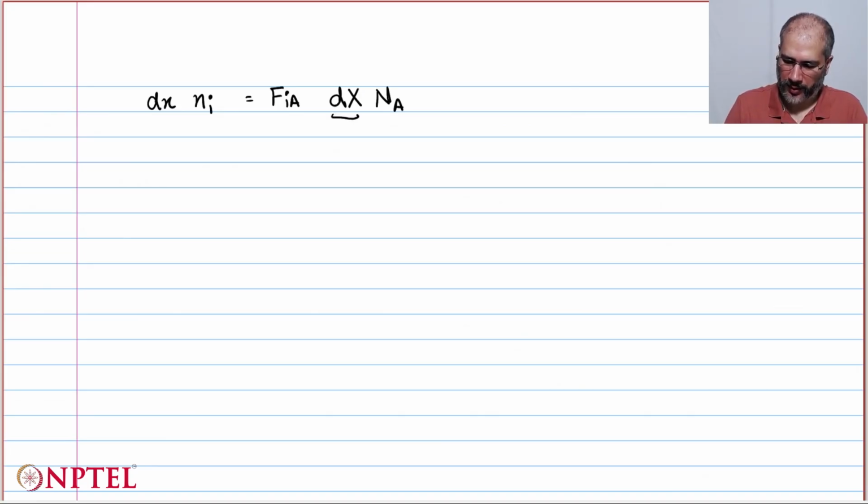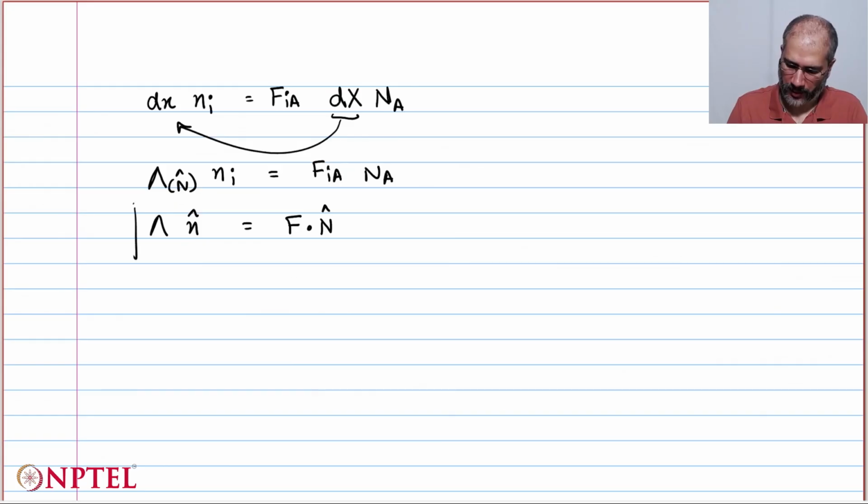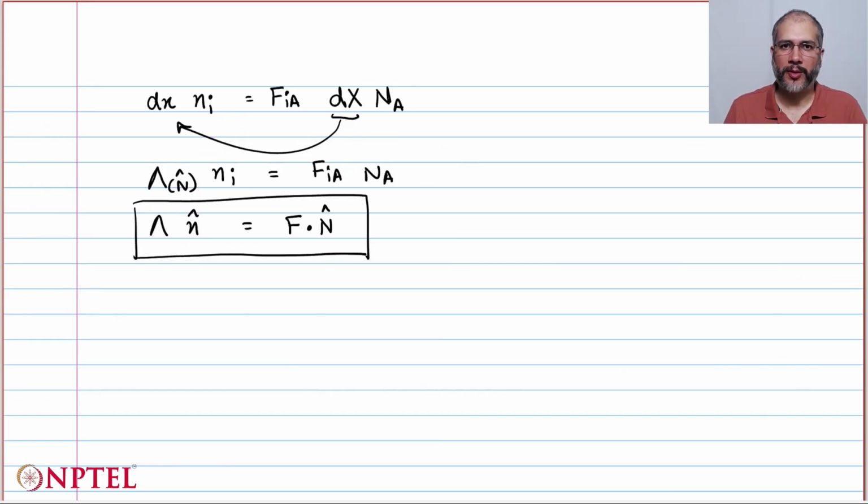And if I take this d capital X on the left, what I get is the stretch ratio lambda N hat times ni equals F_iA N_A, or in the symbolic notation, lambda times the vector small n equals F dotted with the vector N hat. I'll box this because we'll be using this in the subsequent discussion.